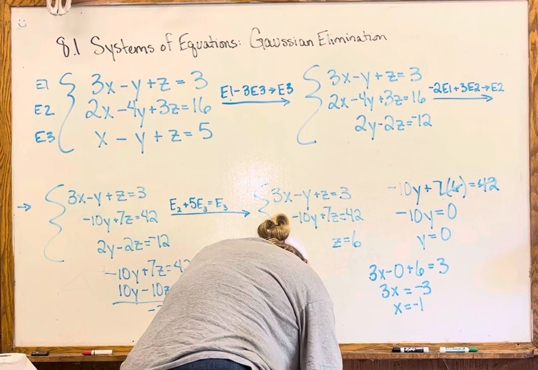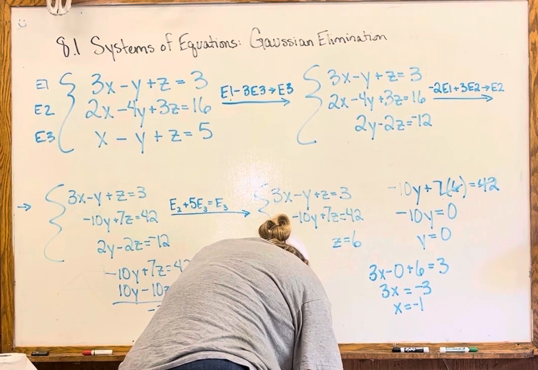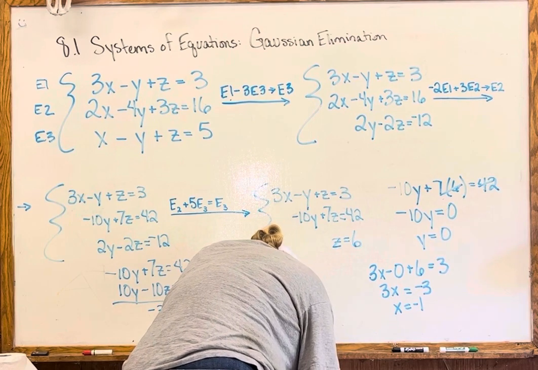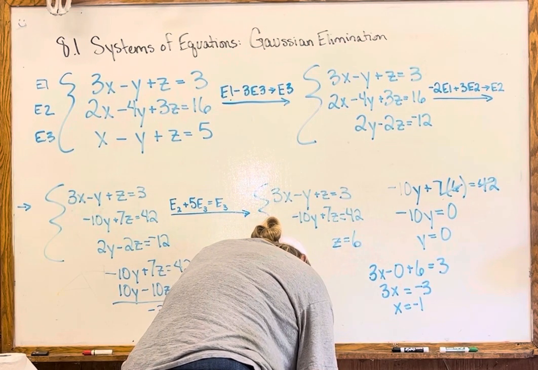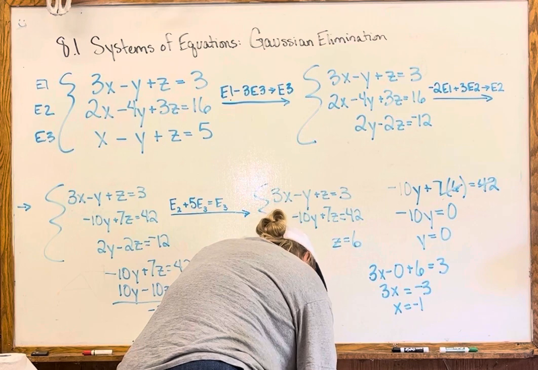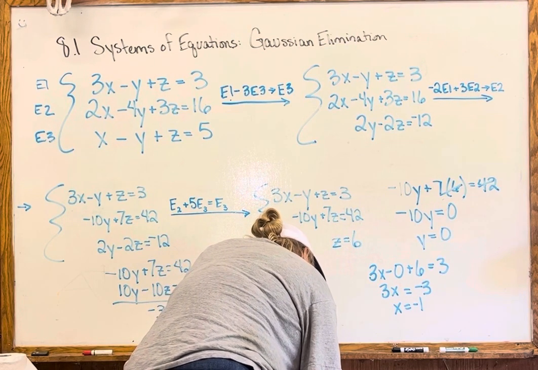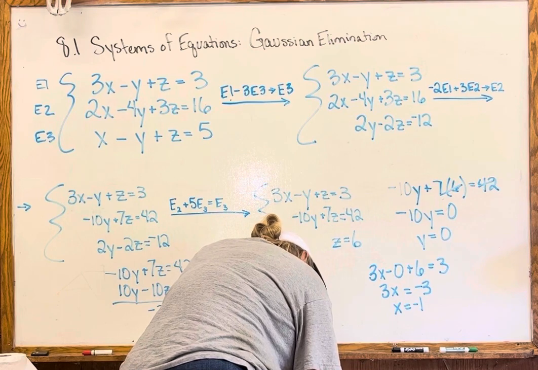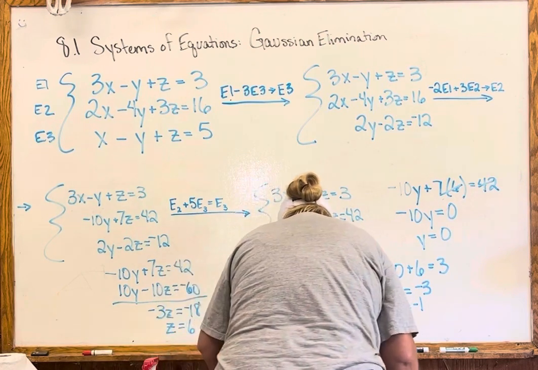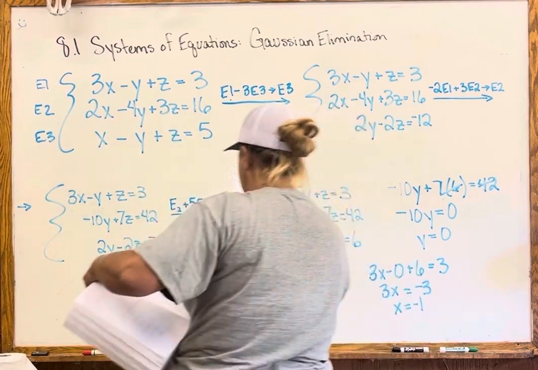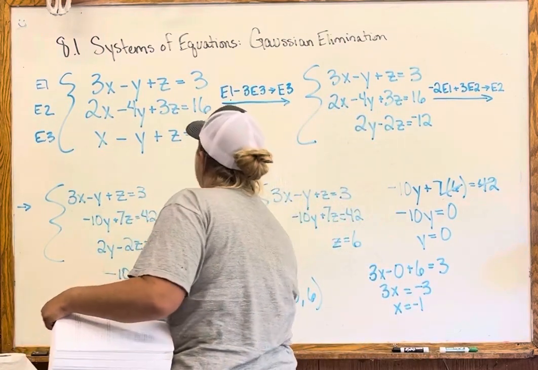So let's see one that has all the parts to it. Let's see what 23 is. Oh no. Okay, maybe I should have looked for one before we started. How about 22? There we go, 22. All right. So let's erase this.